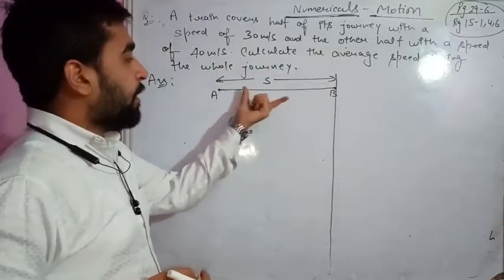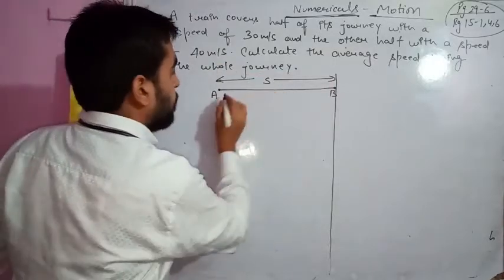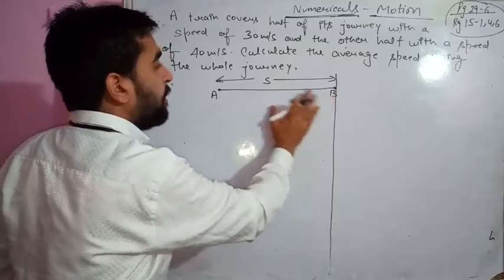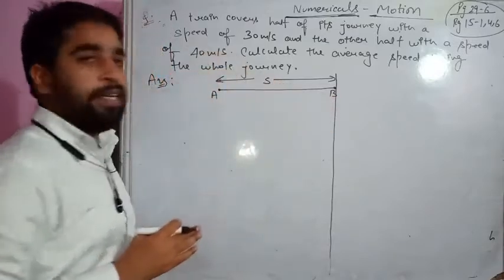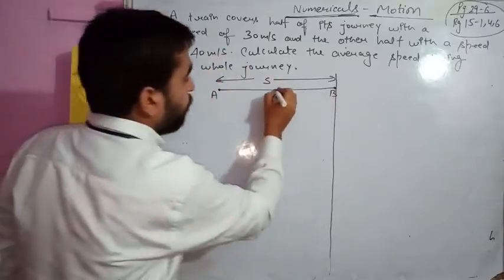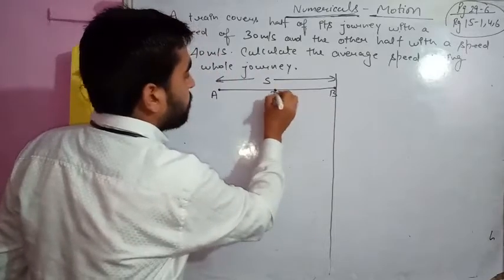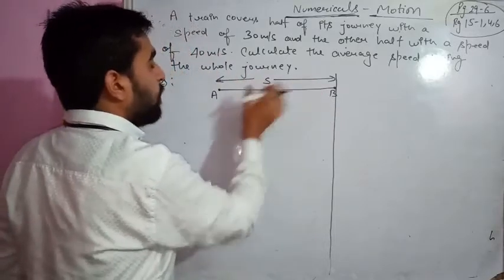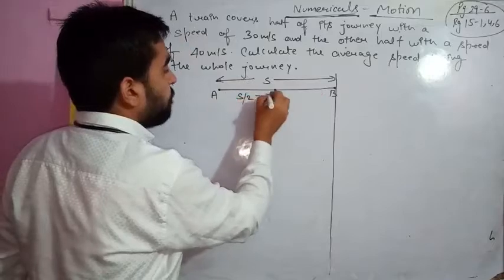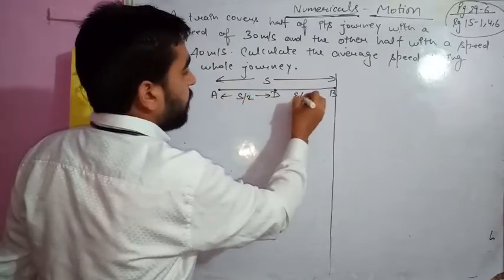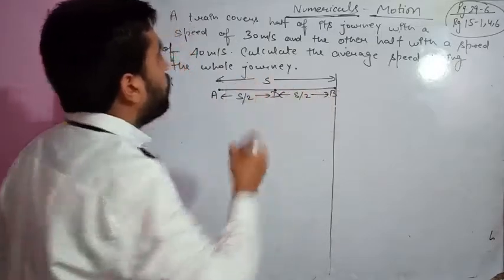So I am taking it S. There is a point A and there is a point B. The distance between the two points is S. So what will be the half? Suppose this point is D and total is S. So this will be S upon 2. Similarly, this also will be S upon 2.